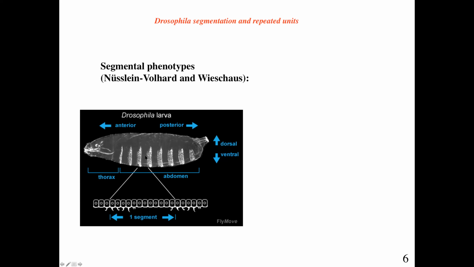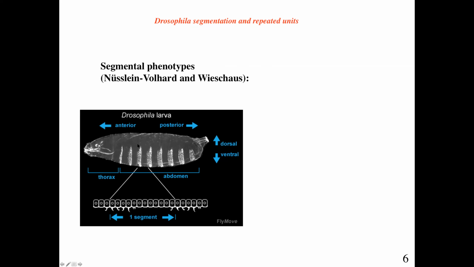If you see the cuticle patterns here, whatever is white here is actually hair. And these are called denticle belts. Each denticle belt has a typical pattern of these sensory structures, which have a bristle, not hair but bristle. So a particular bristle phenotype.